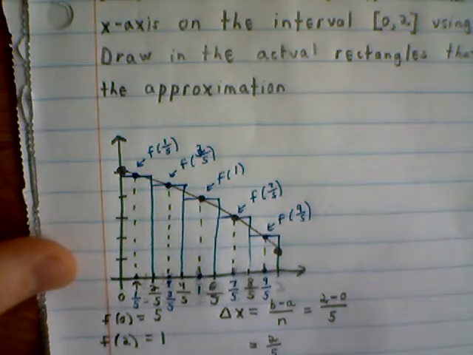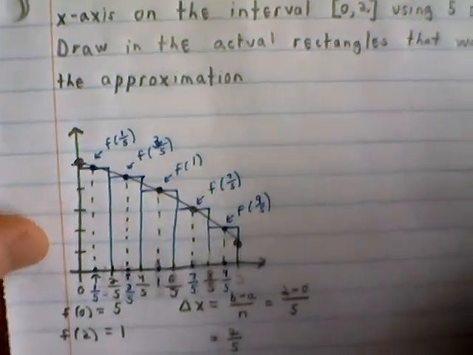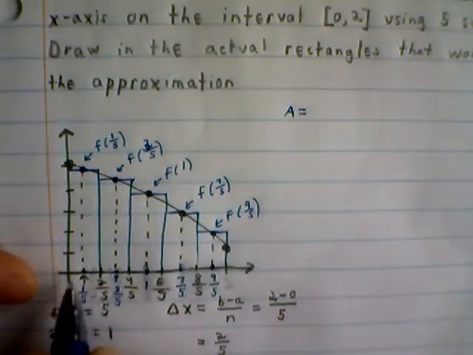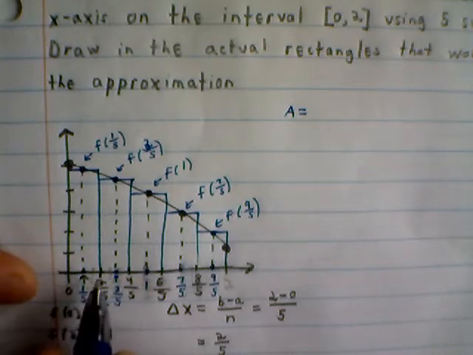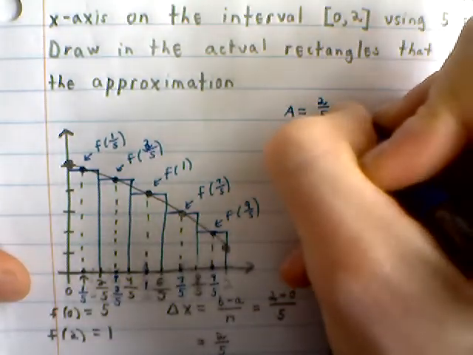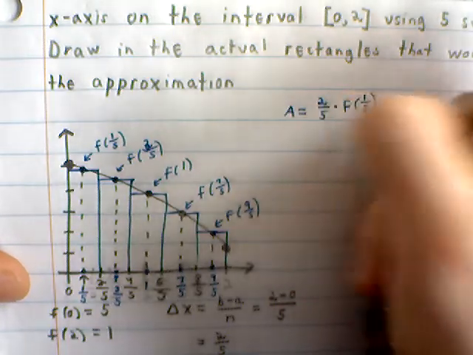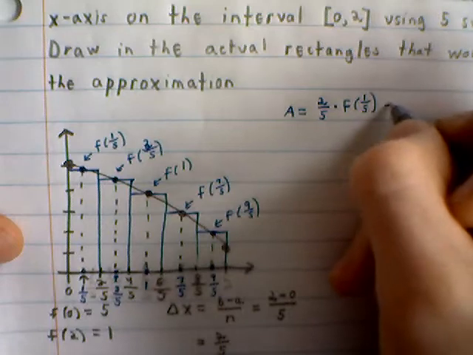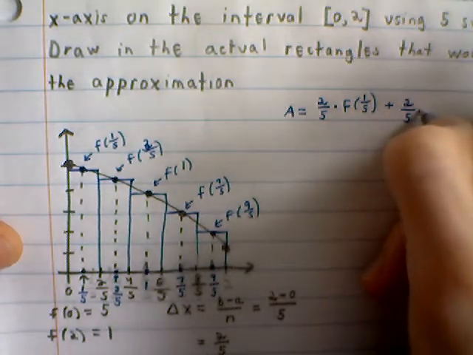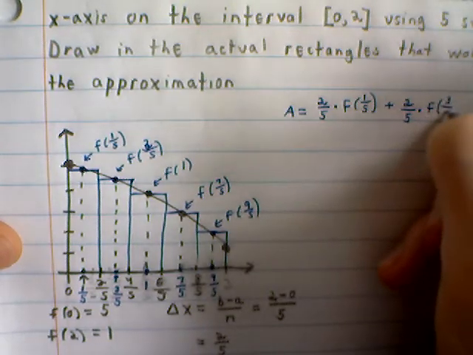Now, let's find the area of each rectangle. Our first rectangle has a width of 2 fifths, because we're going from 0 to 2 fifths. So our area is 2 fifths times the height of the first rectangle, f of 1 fifth. The second rectangle has a width of 2 fifths times a height of f of 3 fifths.